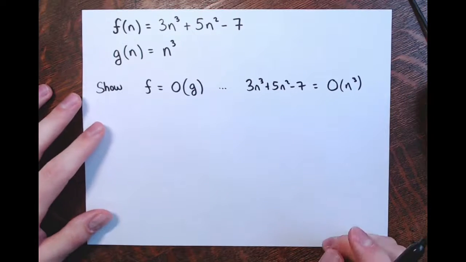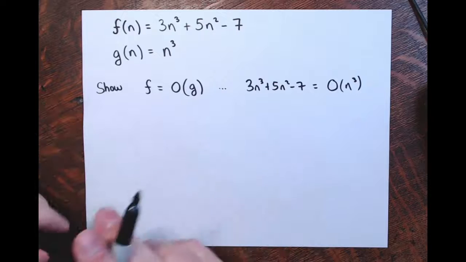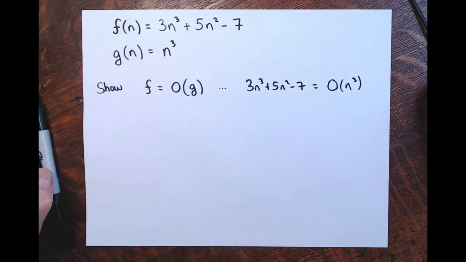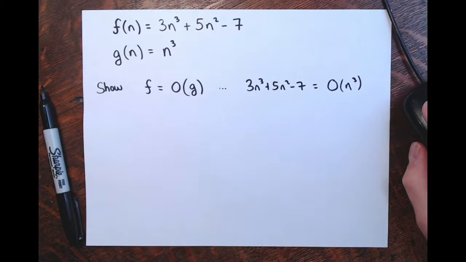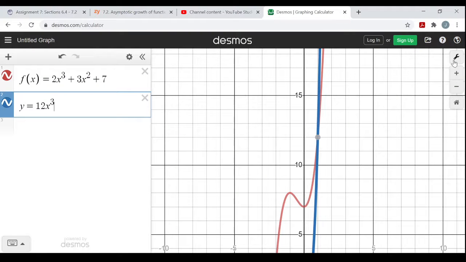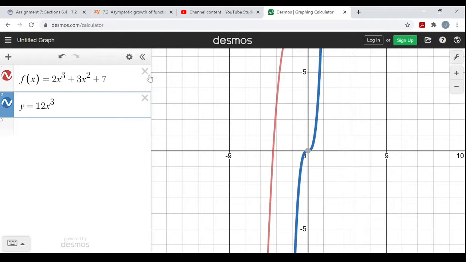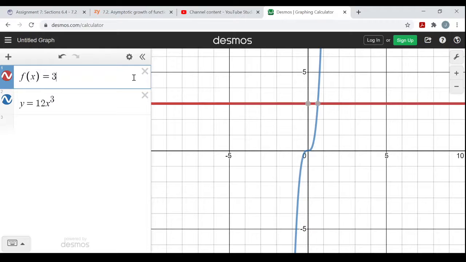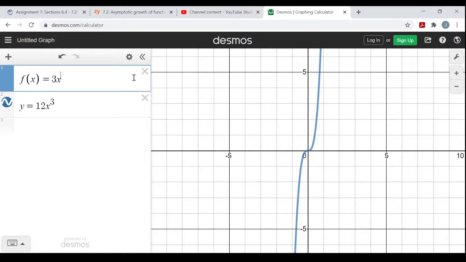Again, you could play around. Now, this is not a proof, what I'm about to do. I'll come back and actually write a proof. But we can play around with a graph. So I'll go back to that Desmos site, and I'm going to graph f equals 3x cubed plus 5x squared minus 7.